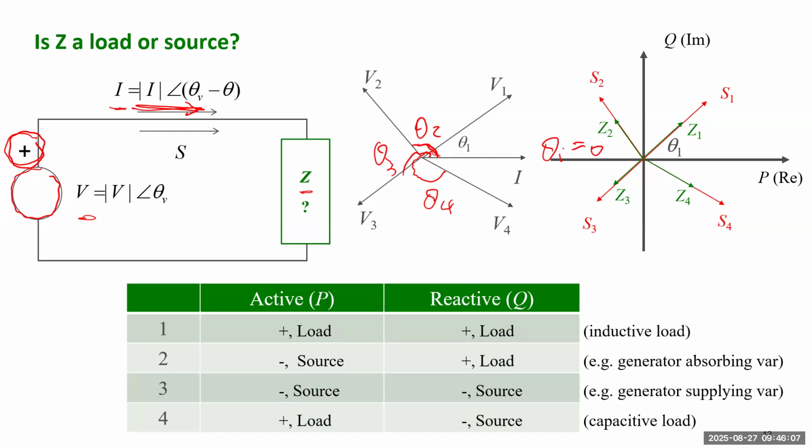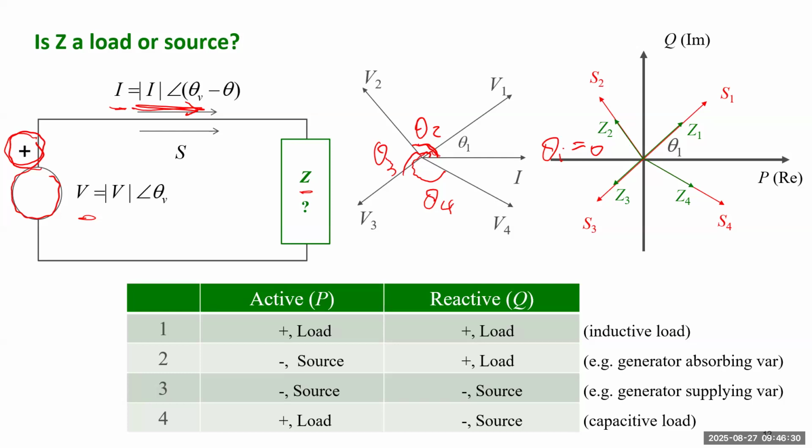The first case, both P and Q are positive. So this device is a load in both active power and reactive power. It consumes real energy, and also consumes some reactive power. The second will be an active source, but a reactive load. The third will be an active source and reactive source.